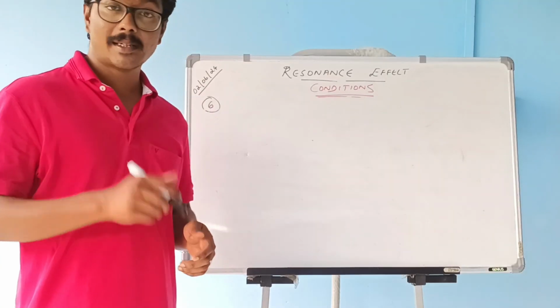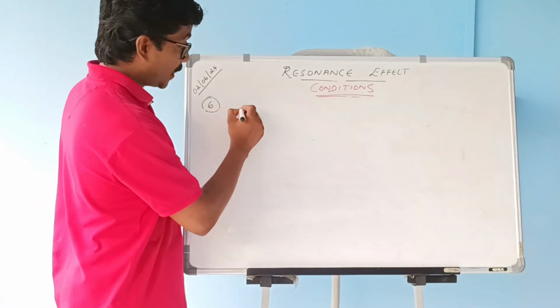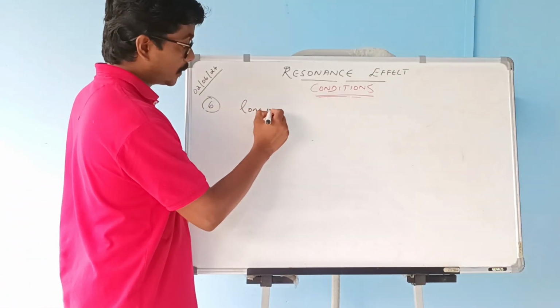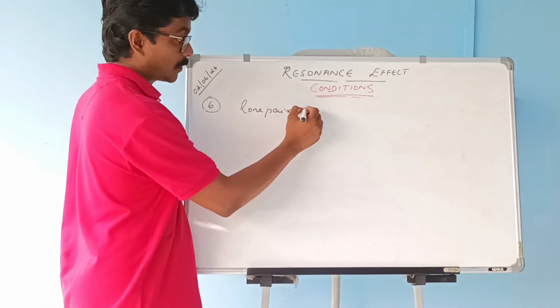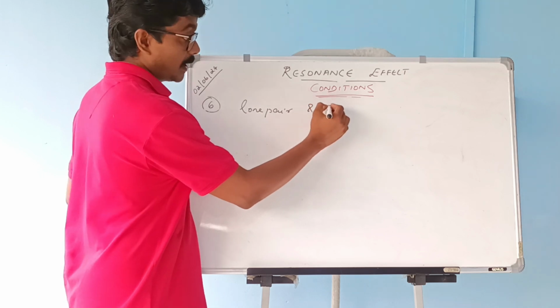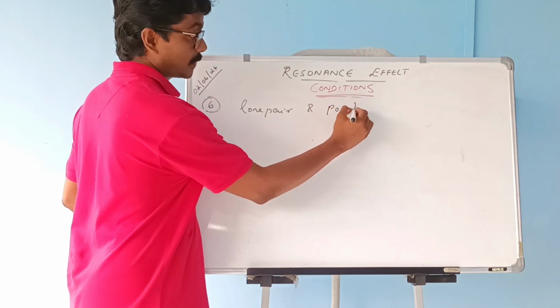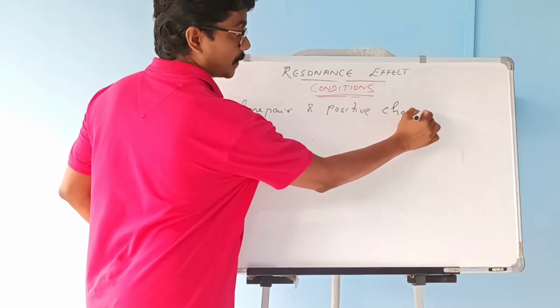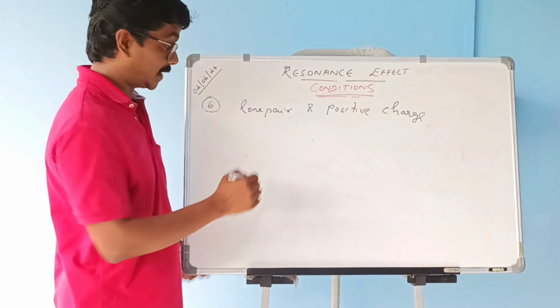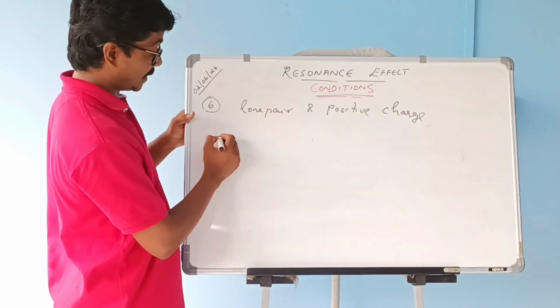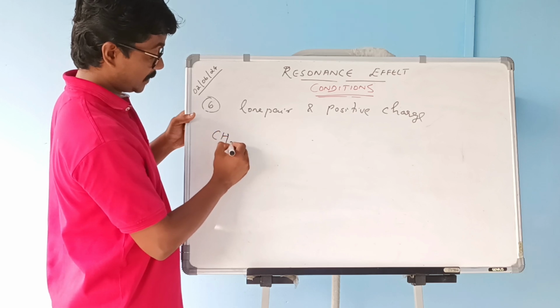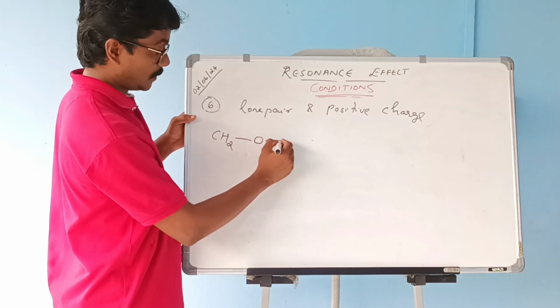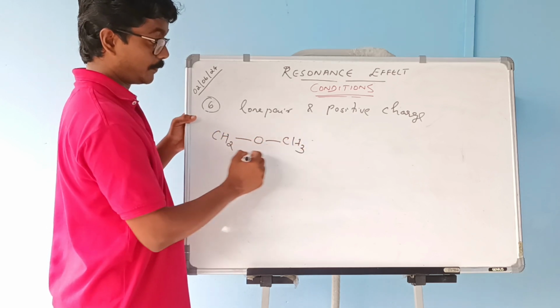Okay. The sixth condition is when a lone pair of electrons and a positive charge are in alternative position. Let us consider this example. CH2, this is an ether group.